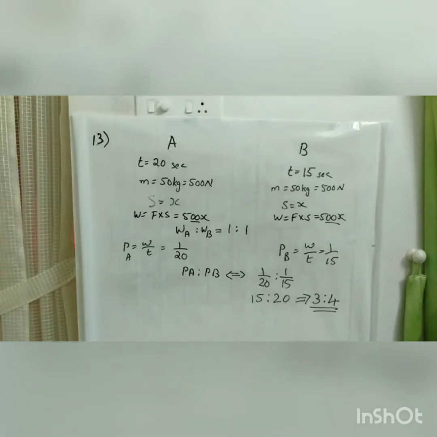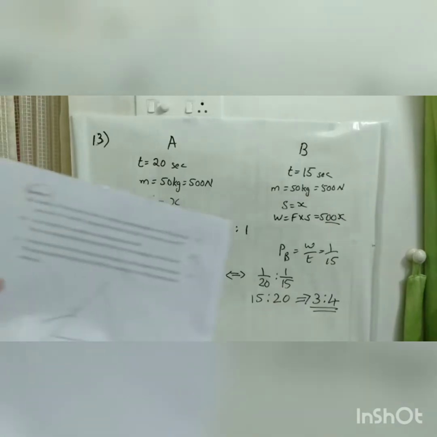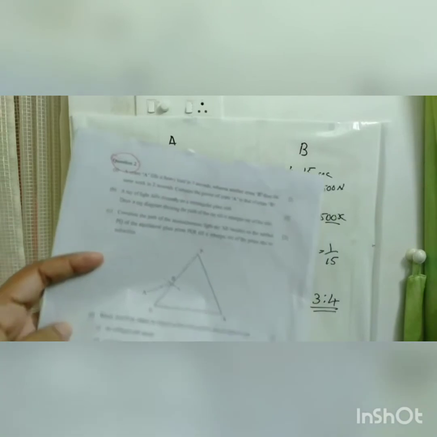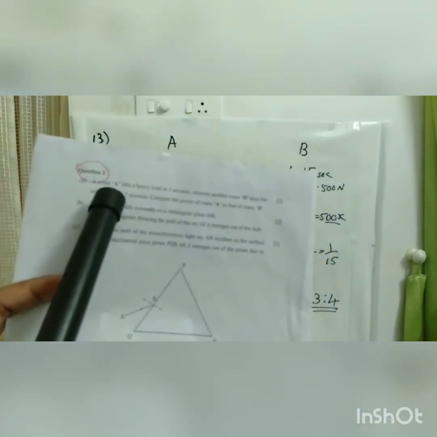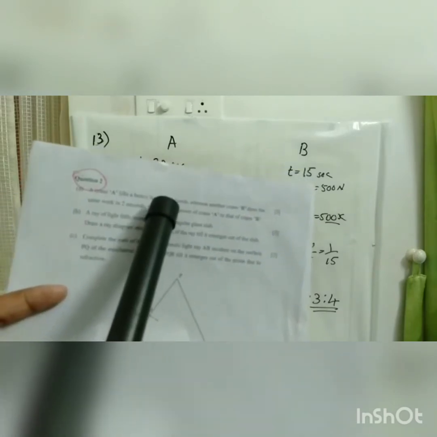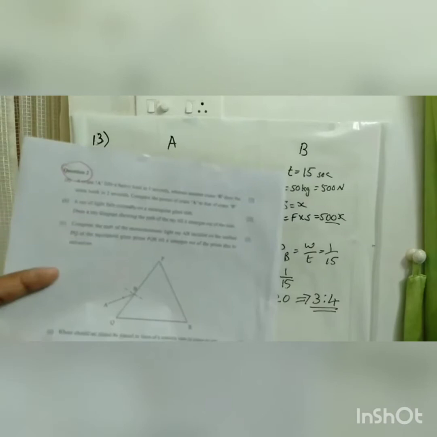So you are asked to find only the power. Here in this question paper, they asked to find only power. So power will be work by time. How will you calculate here? Work is the same, 1. So power of A is, first one is 5 seconds and second one is 2 seconds.